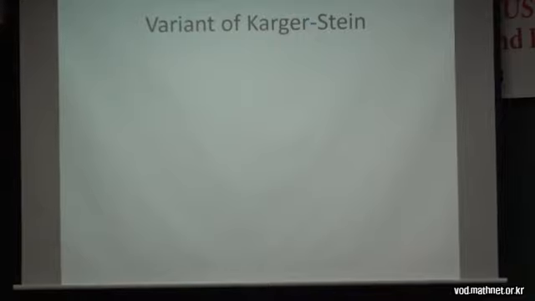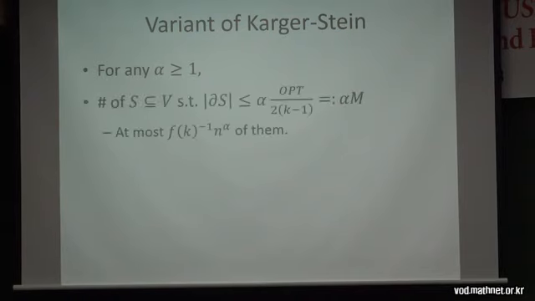And I'm going to use later some variant of Karger-Stein. Okay. So let's say that alpha is greater than 1. Let me define m to be opt divided by 2k minus 2. So if k is 2, then it's opt divided by 2.